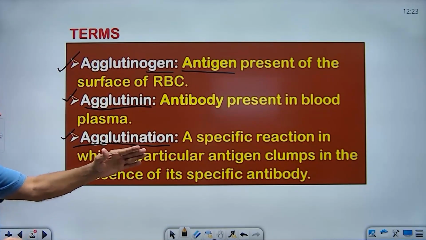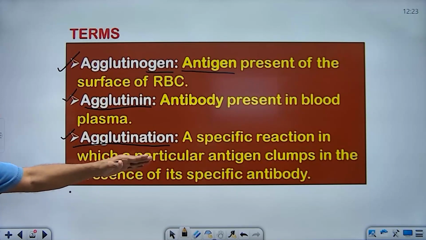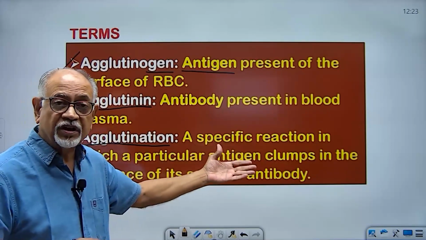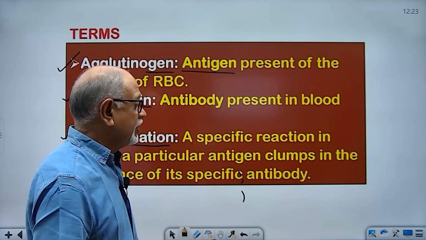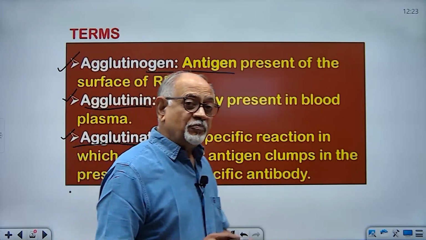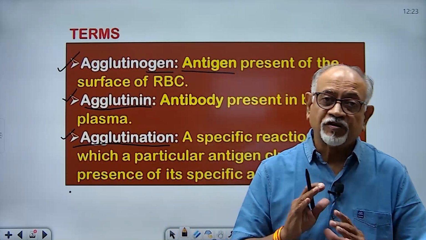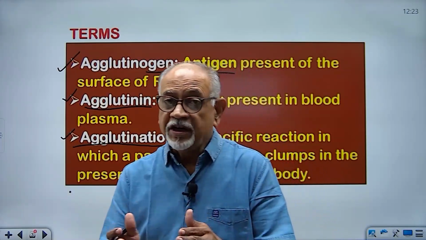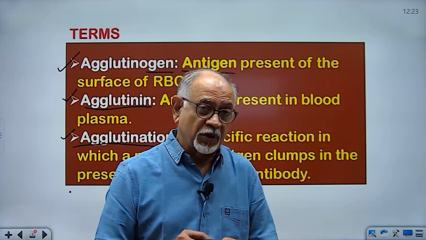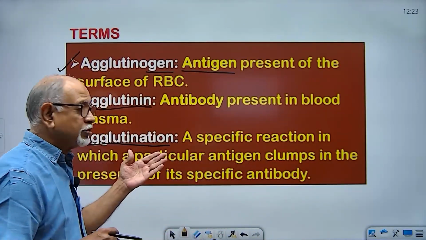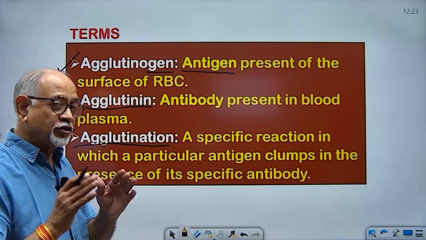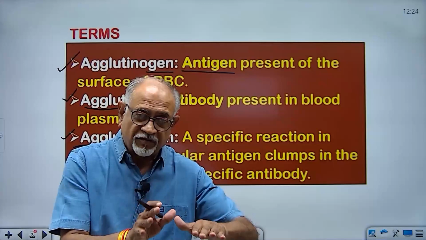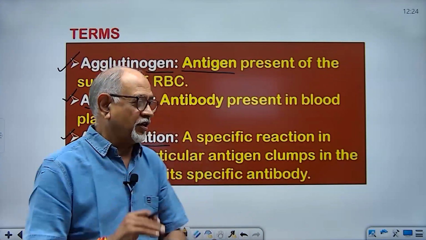So, a specific reaction it is in which a particular antigen clumps in the presence of its specific antibody. That means if the antigen A is present on the RBC and antibody A is present in the plasma, then agglutination will occur. So, these two cannot be found together on surface of RBC and in the plasma.